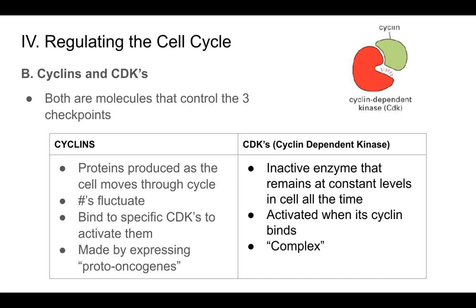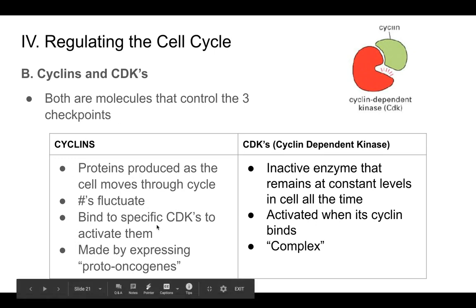And once they are bound together, they're considered to be an active complex that will trigger some of the actions occurring at the checkpoints. So we'll see levels of certain cyclins rise as we approach a checkpoint, and then we'll see levels fall as the cell progresses through those checkpoints.